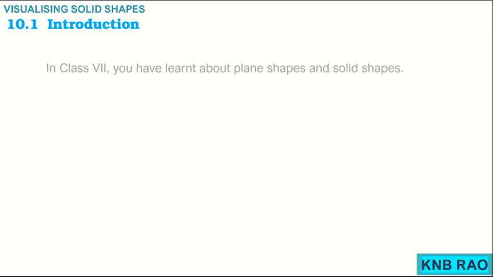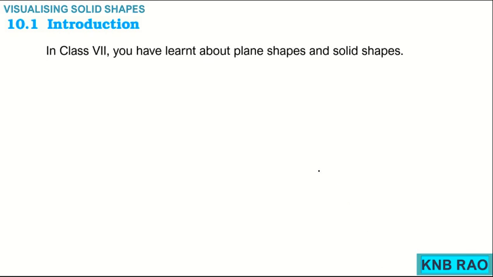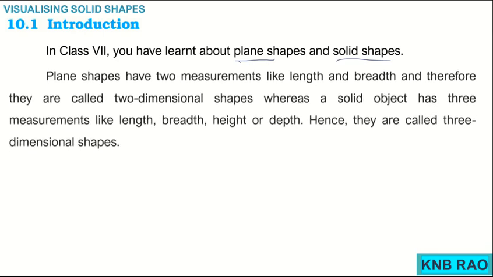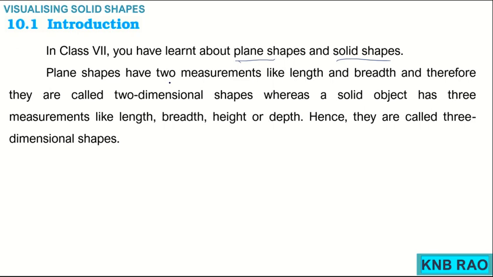Coming to the introduction portion, in class 7th you have learnt about plane shapes and solid shapes. What are these plane shapes? Plane shapes have two measurements like length and breadth. Therefore, they are called two-dimensional shapes.